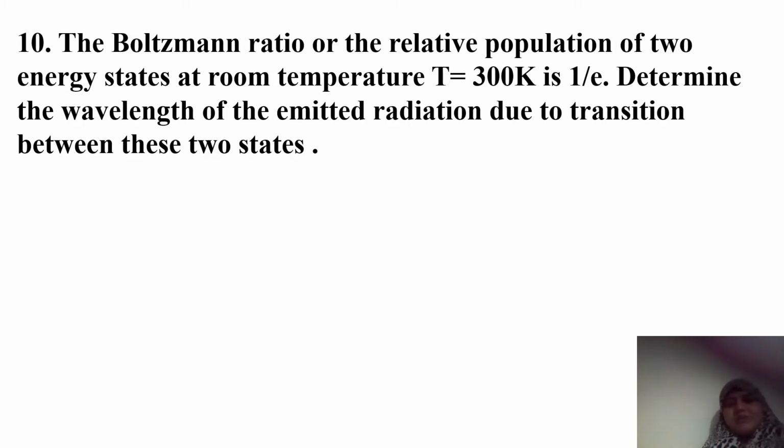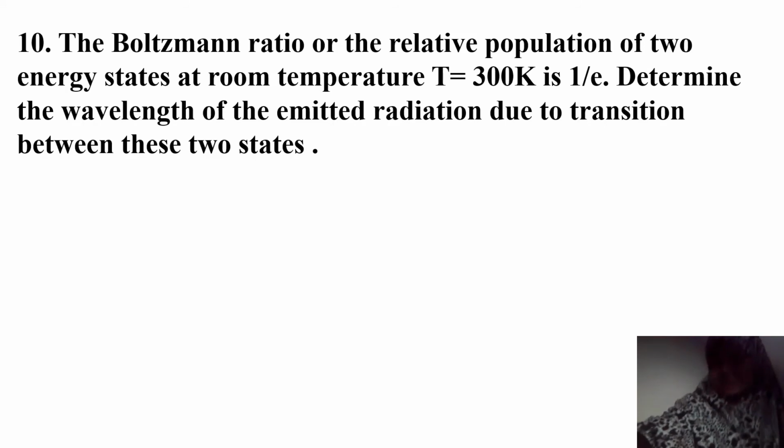The Boltzmann ratio, or the relative population of two energy states at room temperature, T equal to 300 Kelvin, is given as 1 by e. Now we have to determine the wavelength of the emitted radiation due to transition between these two states. One hint is already given to us: it's a Boltzmann ratio. So we know which principle to apply in solving this problem.